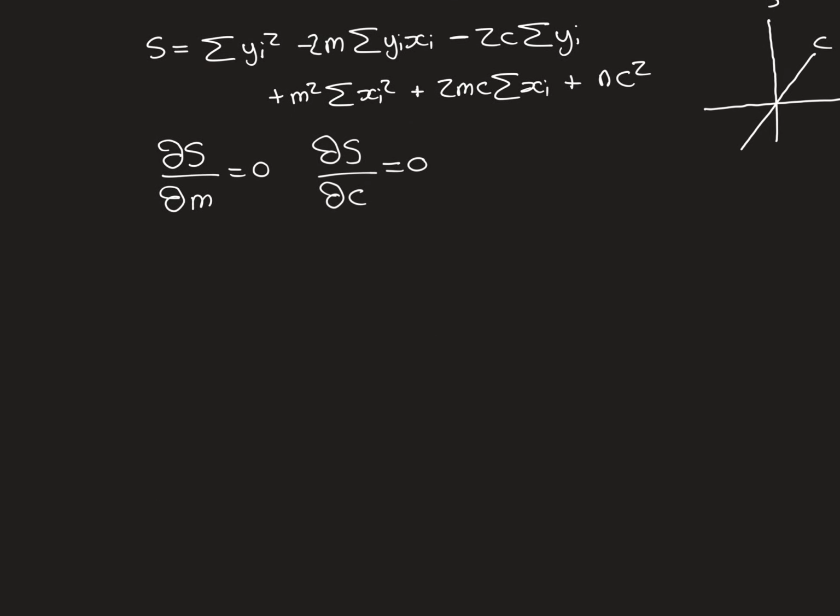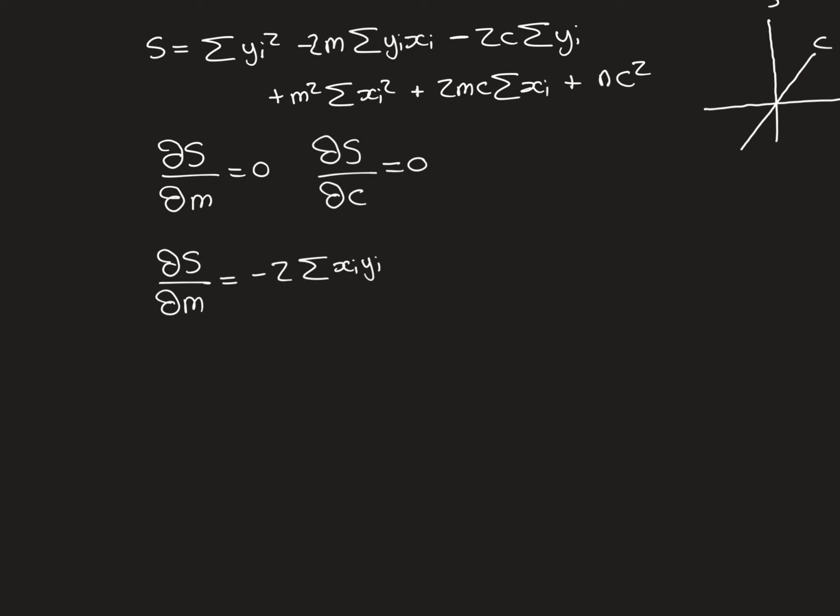So let's find these derivatives then. We'll start with the partial derivative with respect to m. That first term, the sum of yi squared, is just a constant, so that will go to 0. The next term is a linear term in m, so when we partially differentiate that, we'll just get its coefficient. So the partial derivative of s with respect to m, the first part is minus 2 times the sum of xi yi.